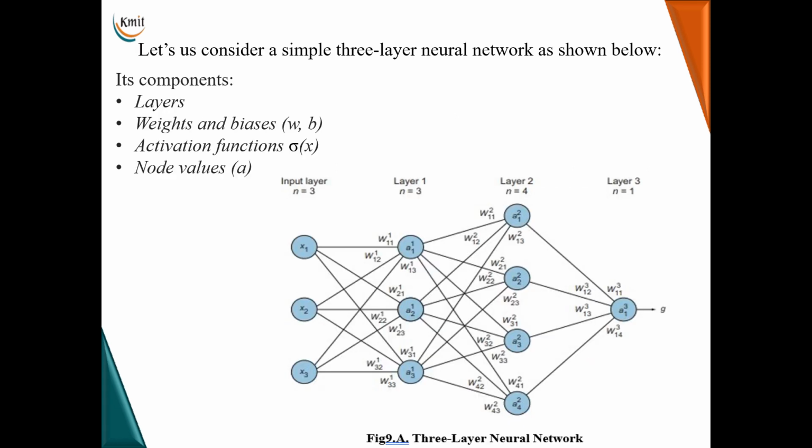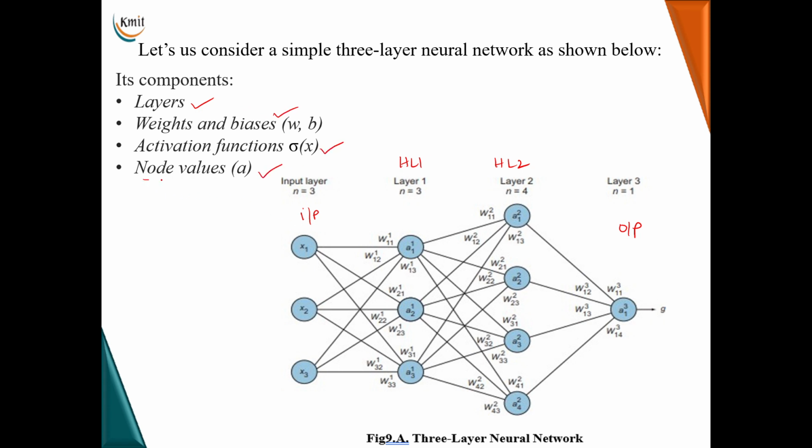Consider a simple 3-layer neural network as shown below. You can see here, this is my input layer, this is my output layer, and two hidden layers here. So it is a 3-layer network: one input, one output, and two hidden layers. It has layers, weights and biases, activation functions, as well as node values.